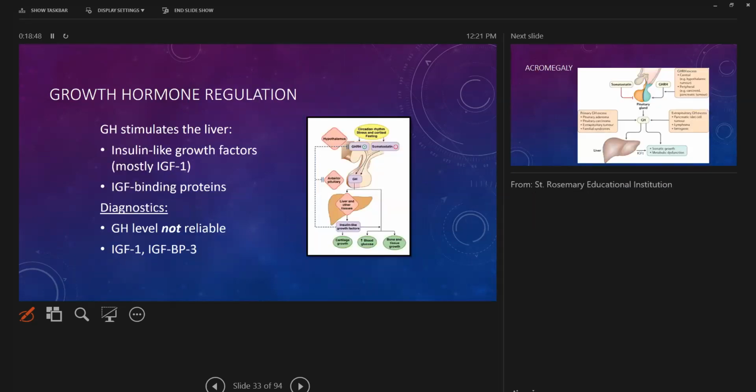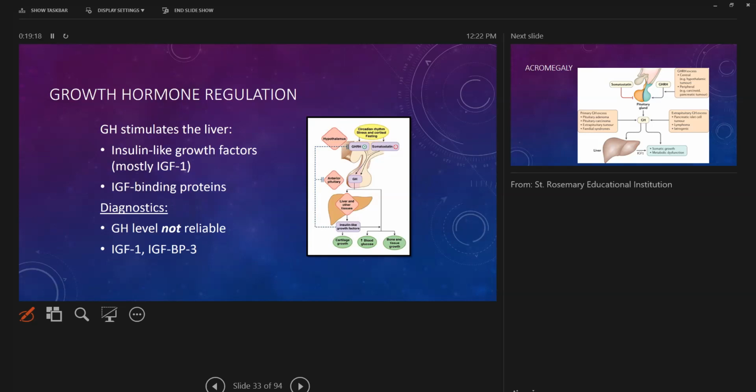Growth hormone regulation, all the regulation on these things, you just have to understand, because if you don't understand them, then you cannot properly understand what labs to order and how to treat your patient. So GH stimulates the liver, and insulin-like growth factor is the compound that's produced by the liver in response to GH.